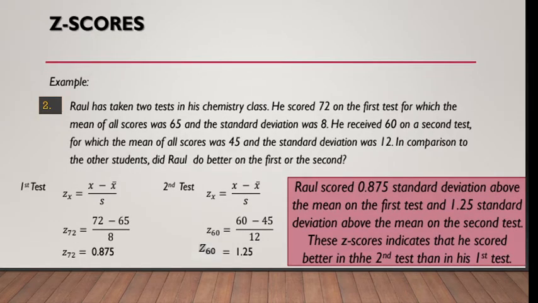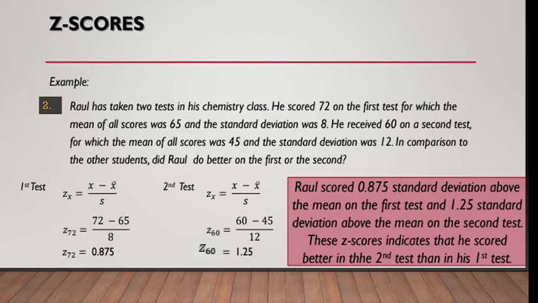So example number two. Raul has taken two tests in his chemistry class. He scored 72 on the first test, for which the mean of all scores was 65 and the standard deviation was 8. He received 60 on the second test, for which the mean of all scores was 45 and the standard deviation was 12.